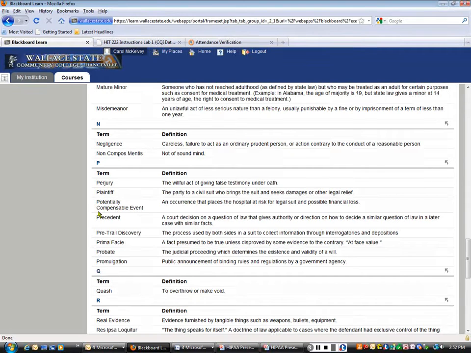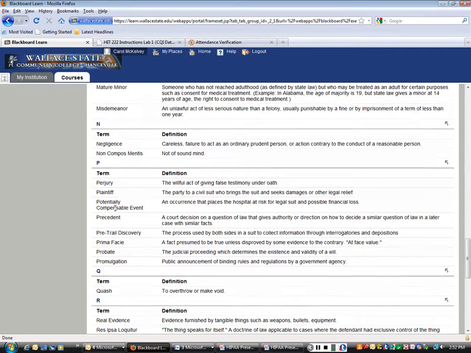A potentially compensable event, an occurrence that places the hospital or healthcare institution at risk for a legal suit that would cost it money. So again, look at the term. This one seems to be a mouthful, but a potentially compensable event is an event that occurs that could potentially lead to compensation to another party.